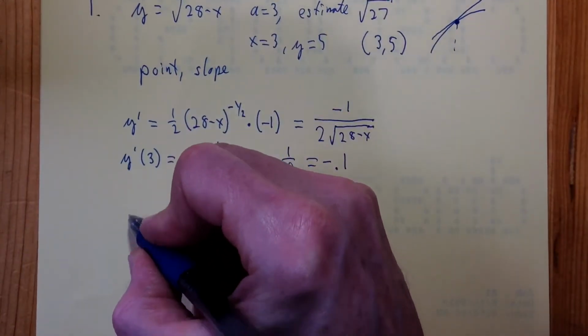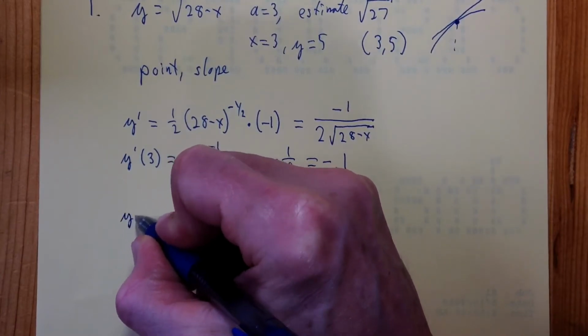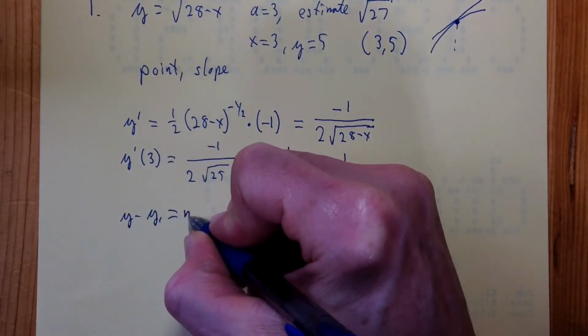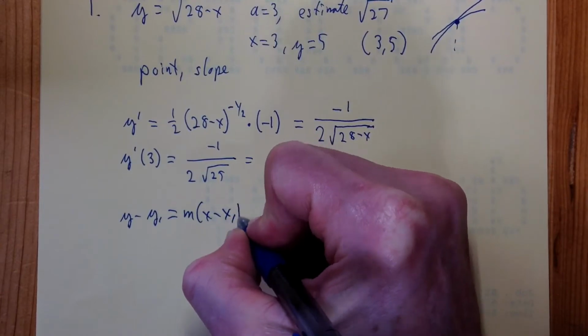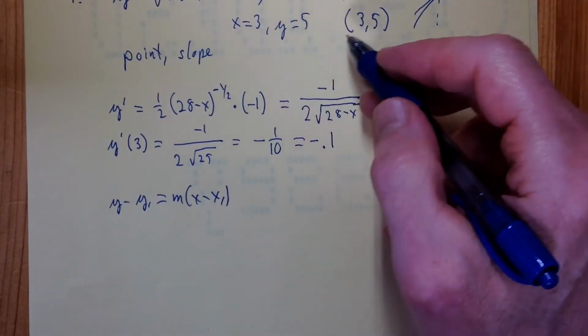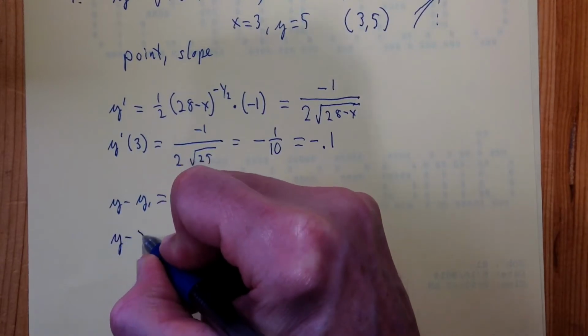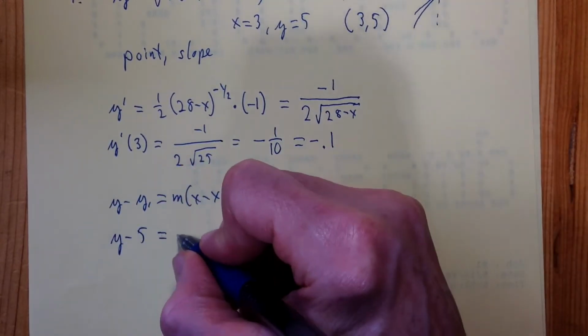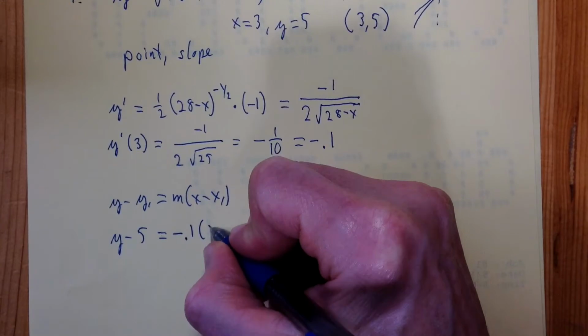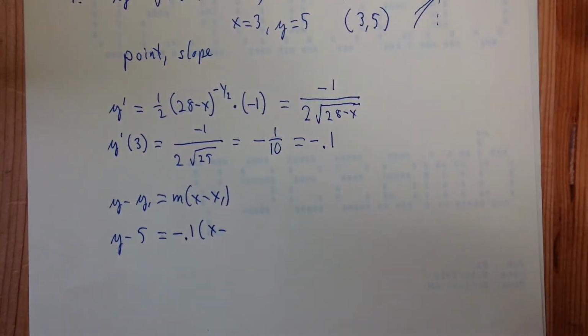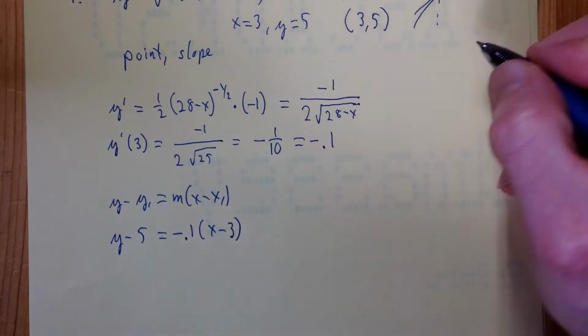Just use the old line formula. y minus y1 is equal to m times (x minus x1). Our point is (3, 5), so y minus 5 is equal to our slope, which we just figured out is negative 0.1, times (x minus 3).